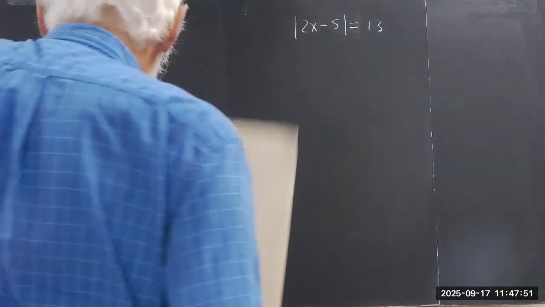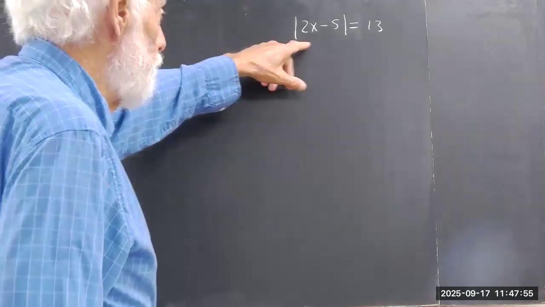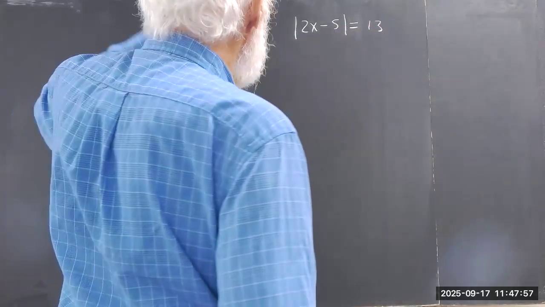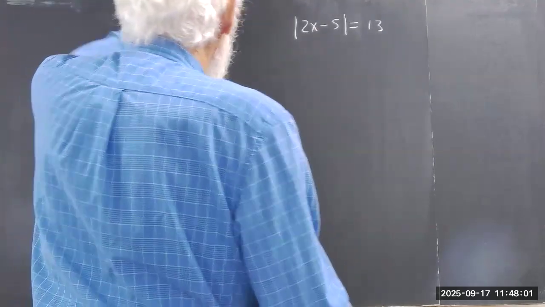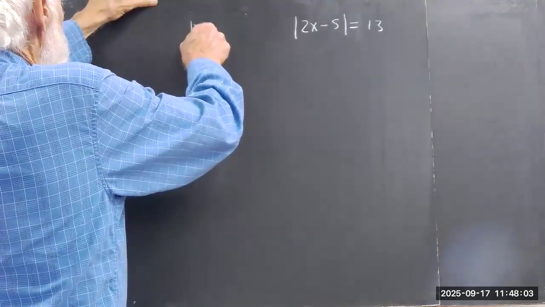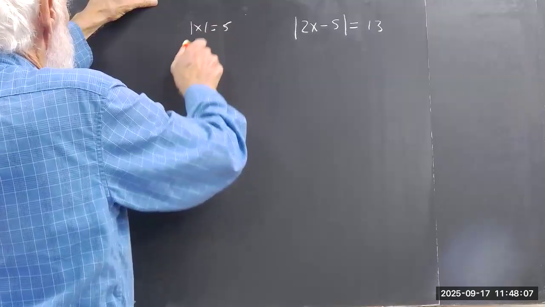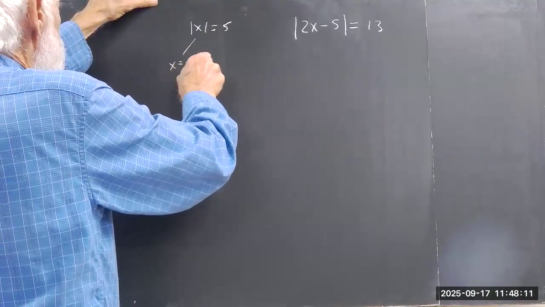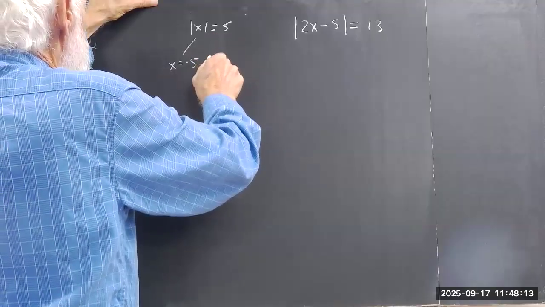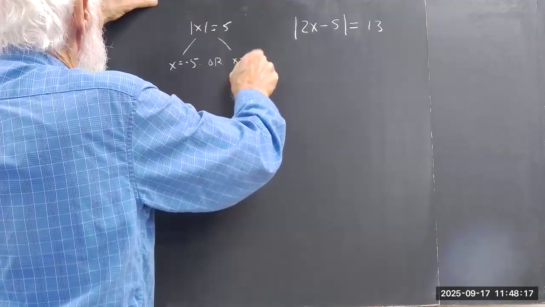Okay, now we're wanting to solve the equation, absolute value 2x minus 5 equals 13. Well, just like, remember when we had absolute value of x equals 5, we knew that would be true if x was negative 5 or if x was equal to 5.